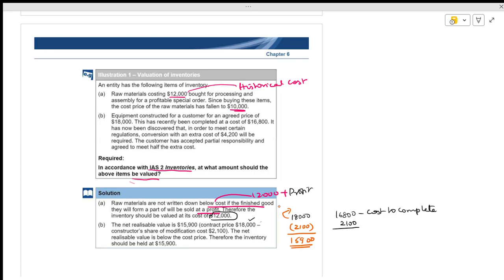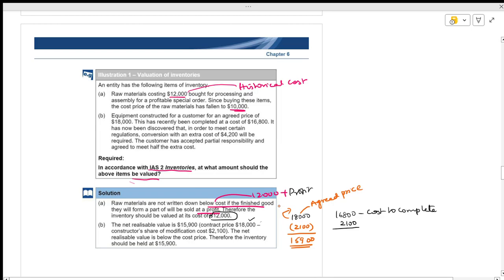The agreed price is how much? This is the agreed price. Now he says that additional cost has been incurred. How much additional cost has been incurred? Conversion cost is 4,200.